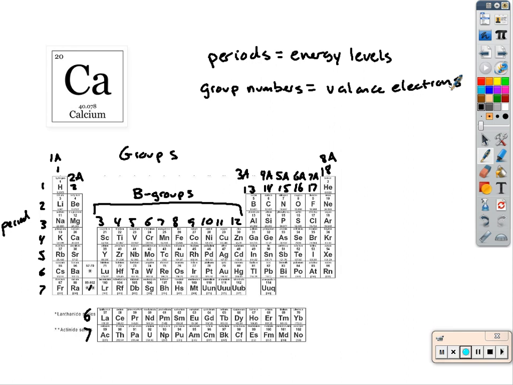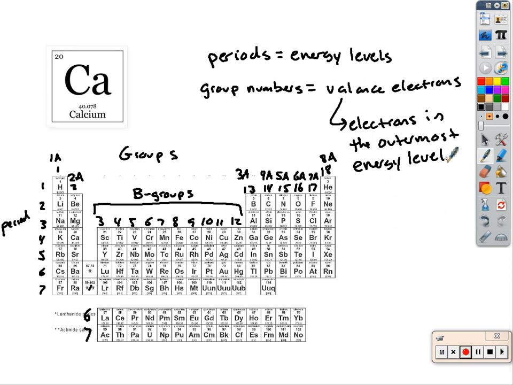Valence electrons are simply the electrons in the outermost level. It tells us how many electrons to put on the outside. And this is the new piece of information that we're going to have to put into our Bohr models. And again, it's going to help us push a little bit further up the periodic table.